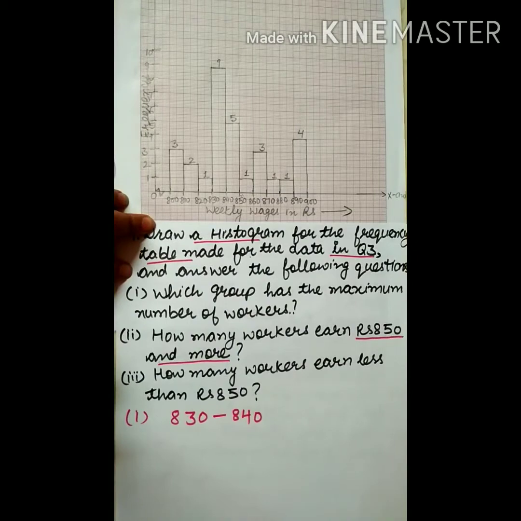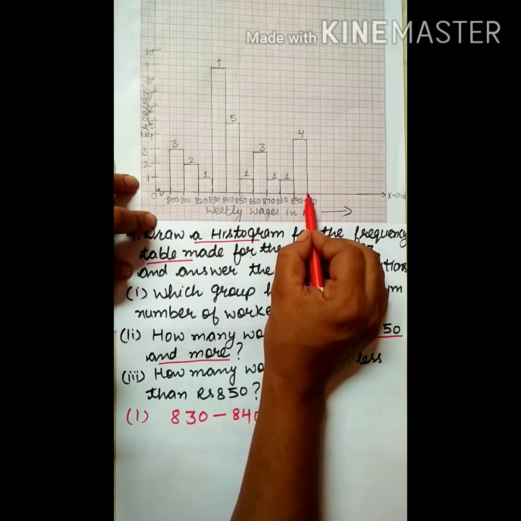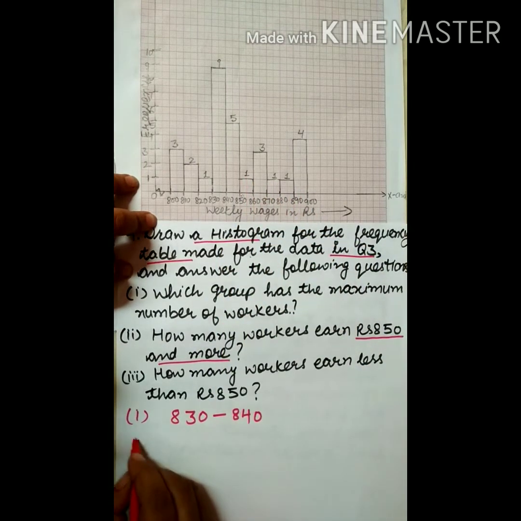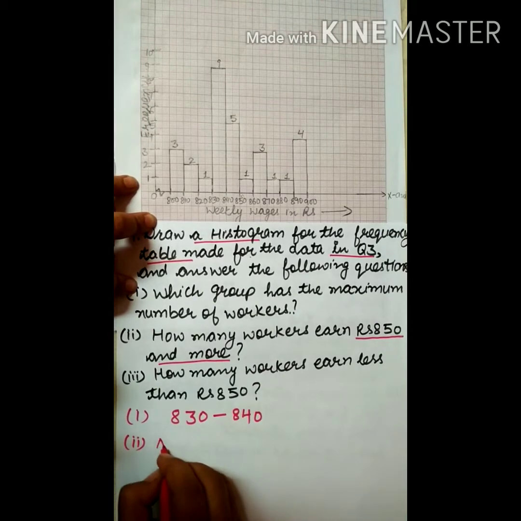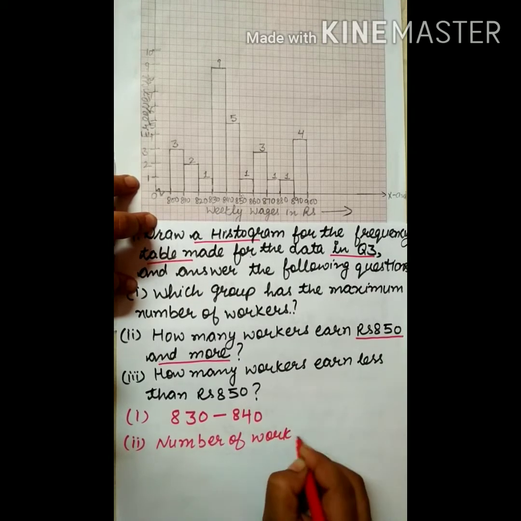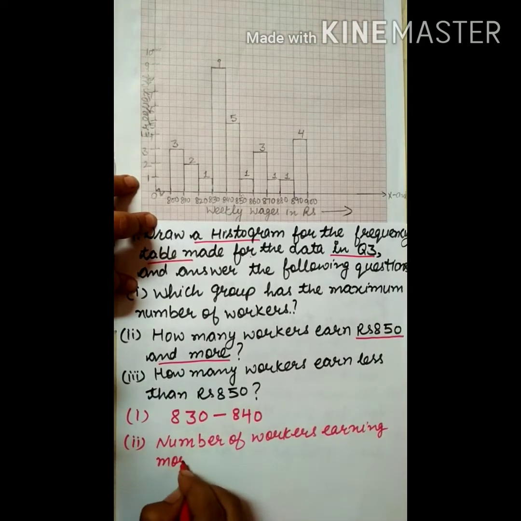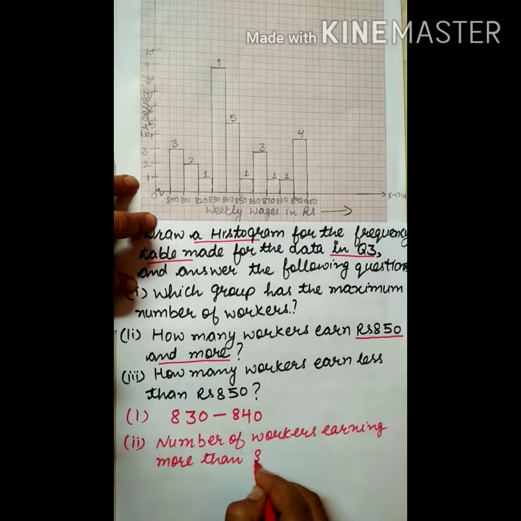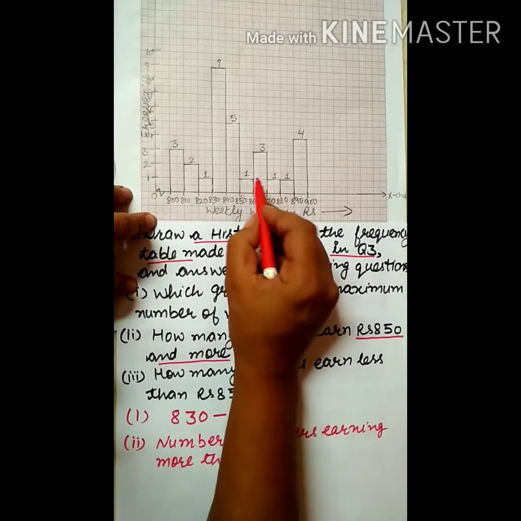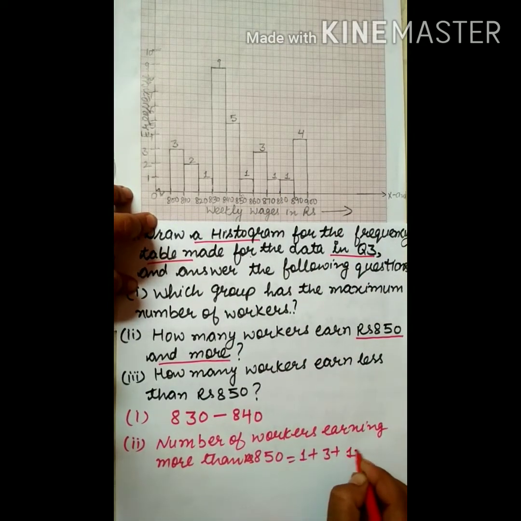So for the second part, I will write down the number of workers earning more than 850. That is 1 plus 3 plus 1 plus 1 plus 4. That is, there are 10 workers which are earning more than 850.